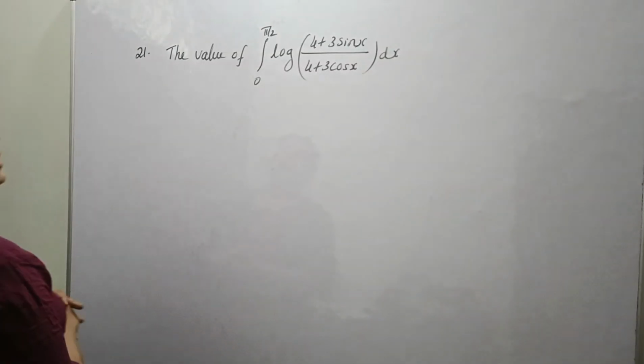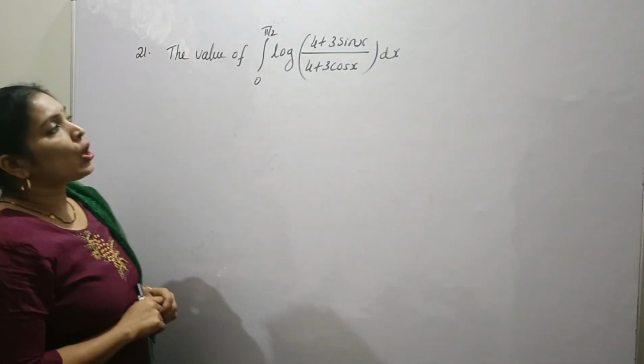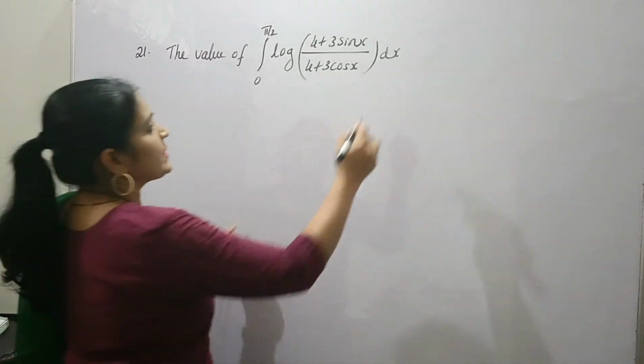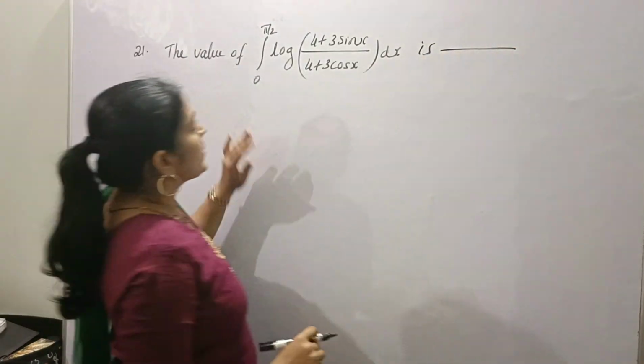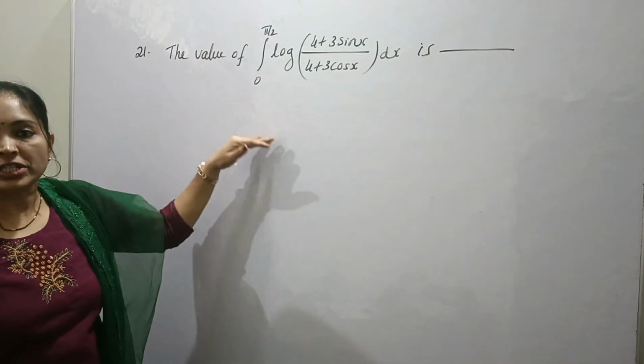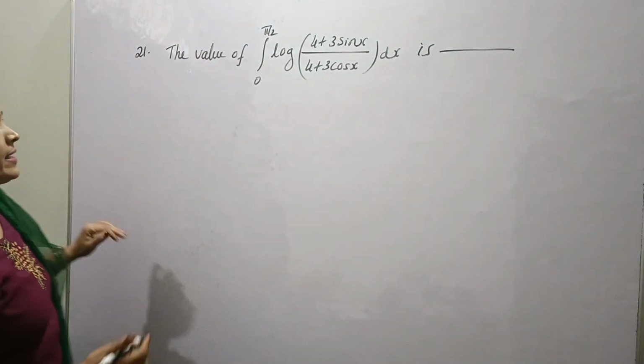The value of the integral from 0 to pi by 2 of log of 4 plus 3 sin x divided by 4 plus 3 cos x dx is dash. Okay, so here also we will apply the property: integral 0 to a of f of x dx is equal to integral 0 to a of f of a minus x dx.